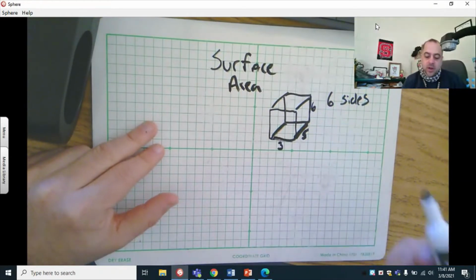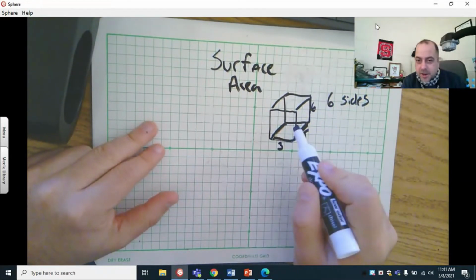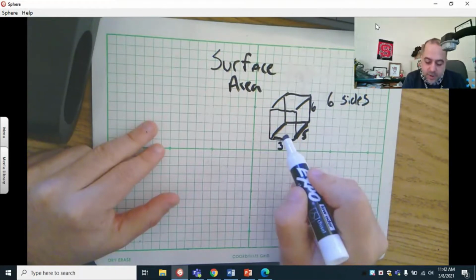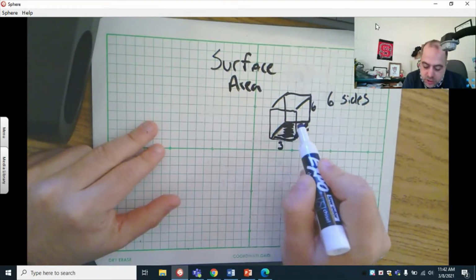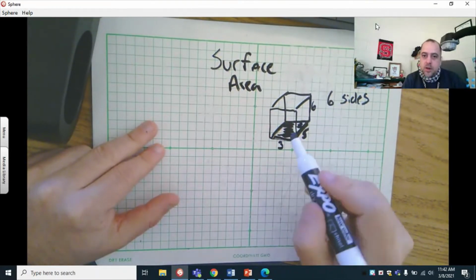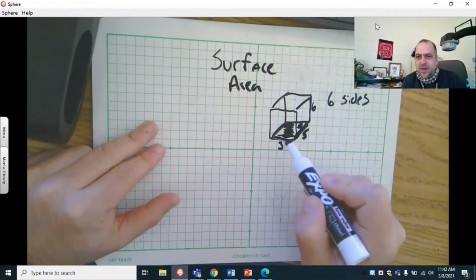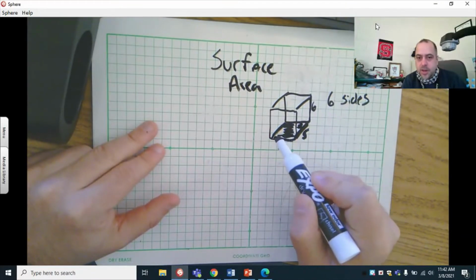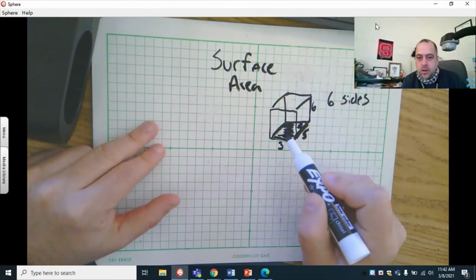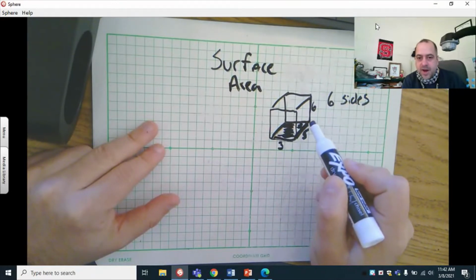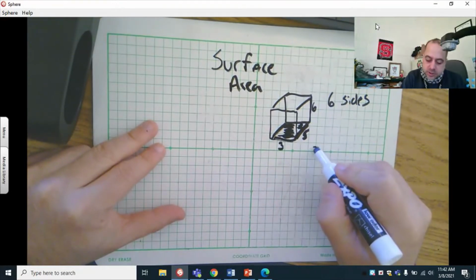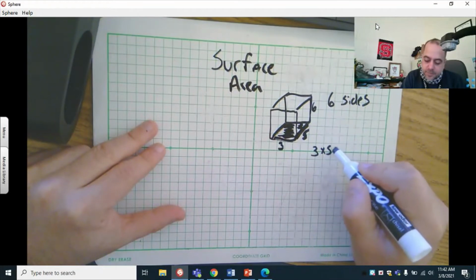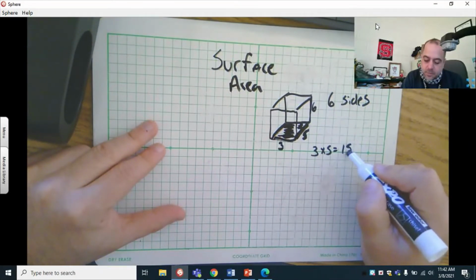All right, let's start here on the bottom. This bottom piece, which is kind of laying on the floor, right? It's 3 wide and 5 long. So what's 3 times 5? 15.